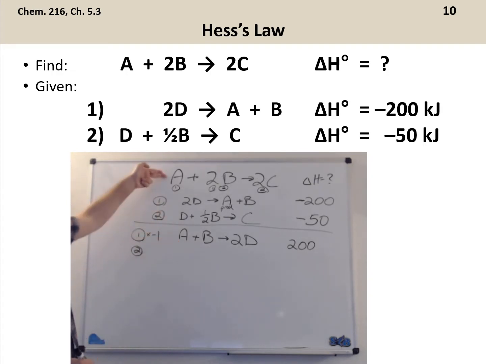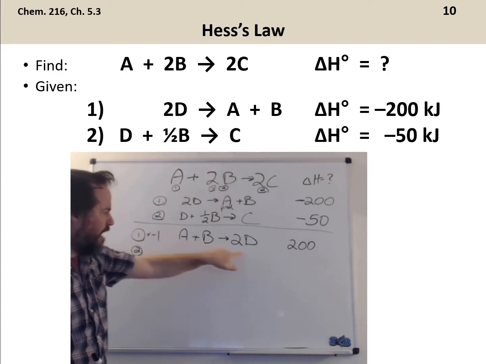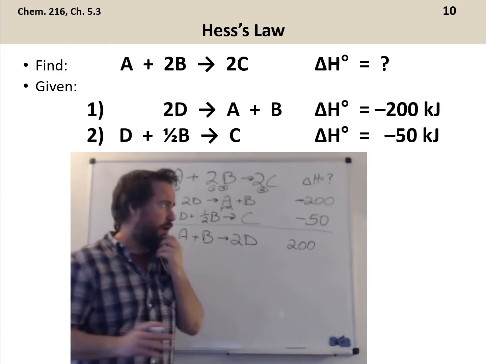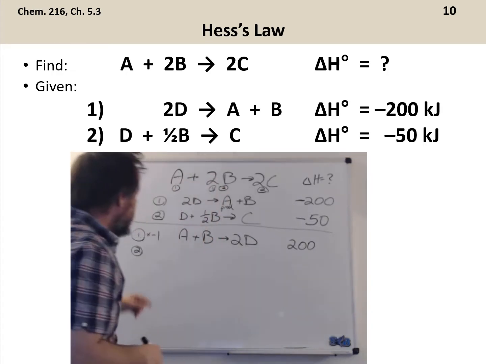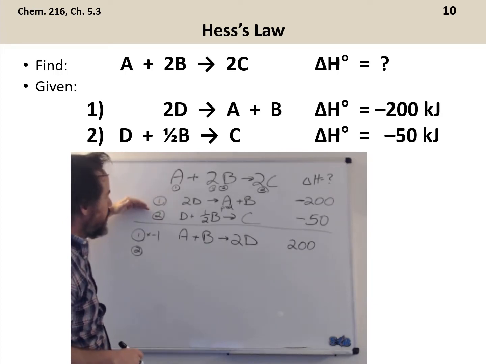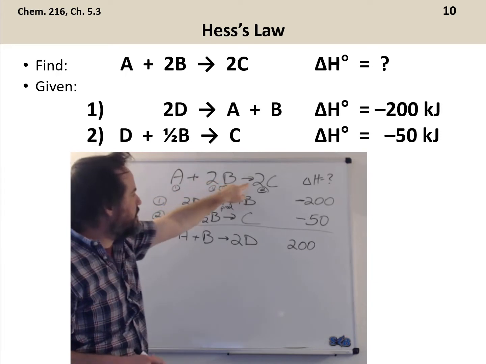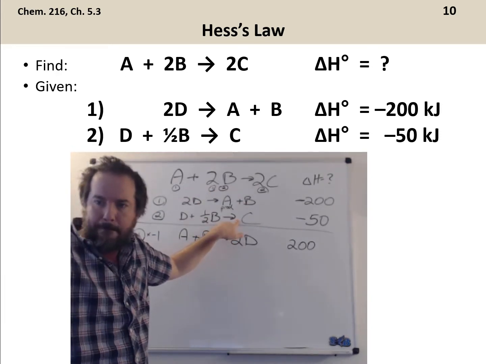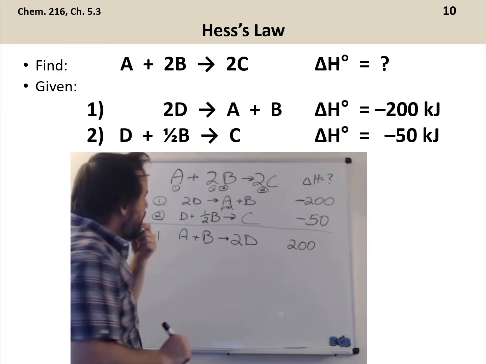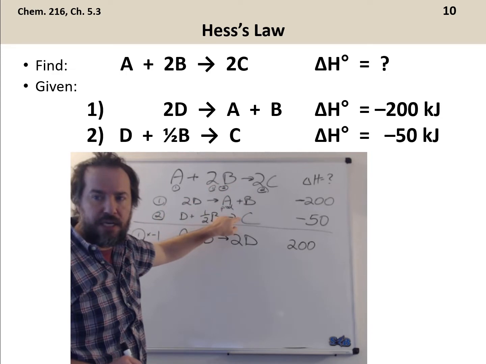I can then look and say I have A in the right place, but I don't have C in the right place, and B is not right, and I have D, which I need to get rid of. So let's now try to get C in the right place. Well, if I look at number 2, I have C as a product here, C as a product here. So that matches off. But notice, I have 2C here and only C here.